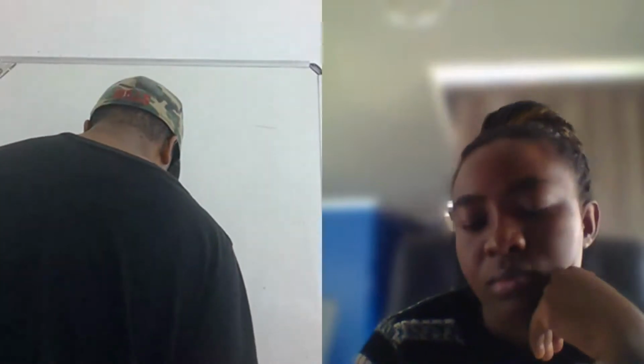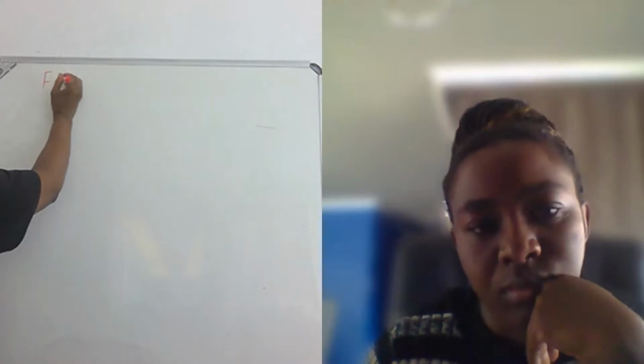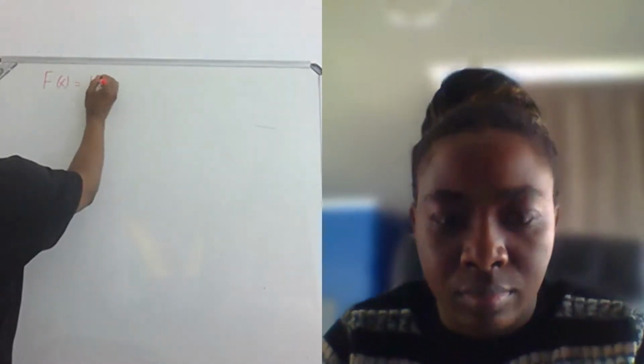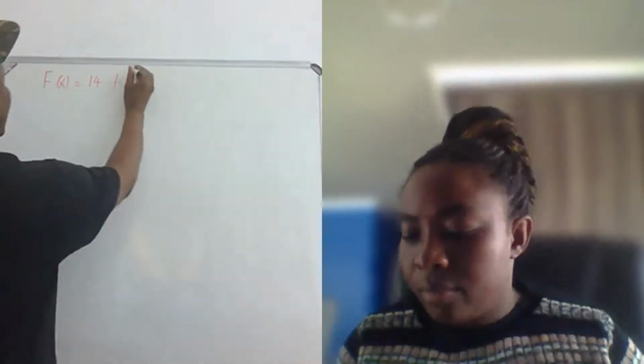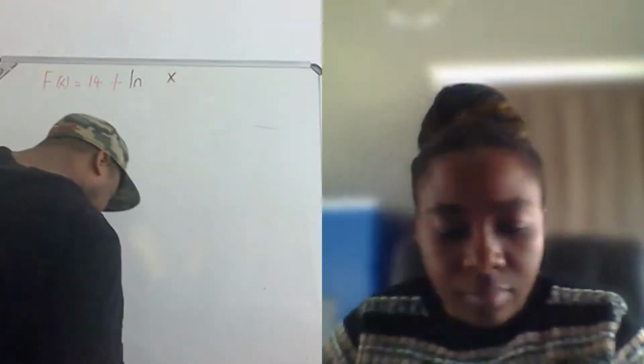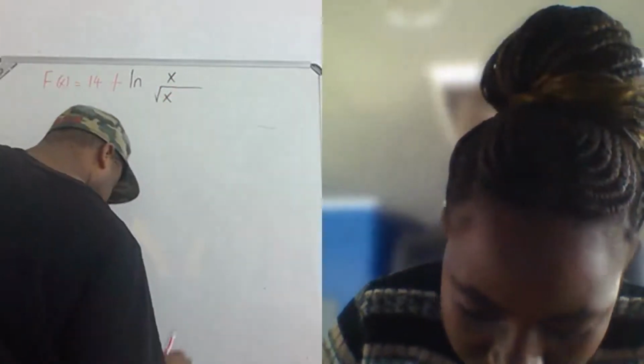Let's start with the second from the last. f of x equals 14 plus 1 over x plus 5.